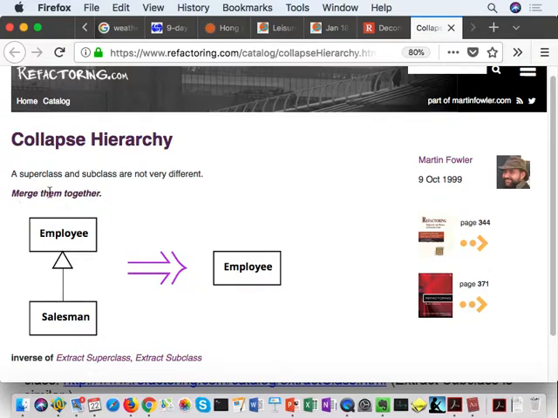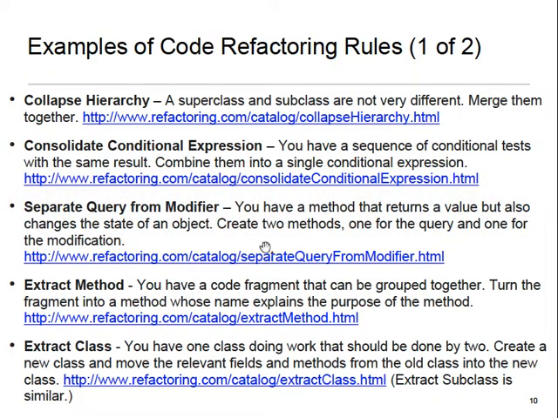In that case, superclass and subclass are not very different. Then, for example, from the left-hand side, instead of having a separate salesman class inheriting from employee, well, maybe they can change it to just employee. So no more need for the separate salesman class.